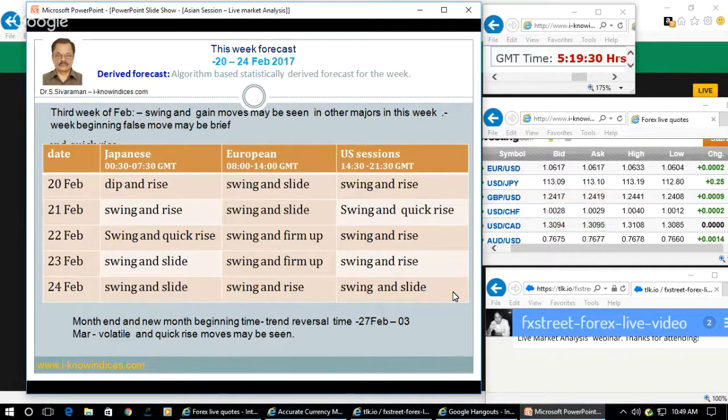Then they are expected to continue to gain the levels during the following week also. After some volatile moves during the month, they are expected to gain aggressively the levels in the month of March also.